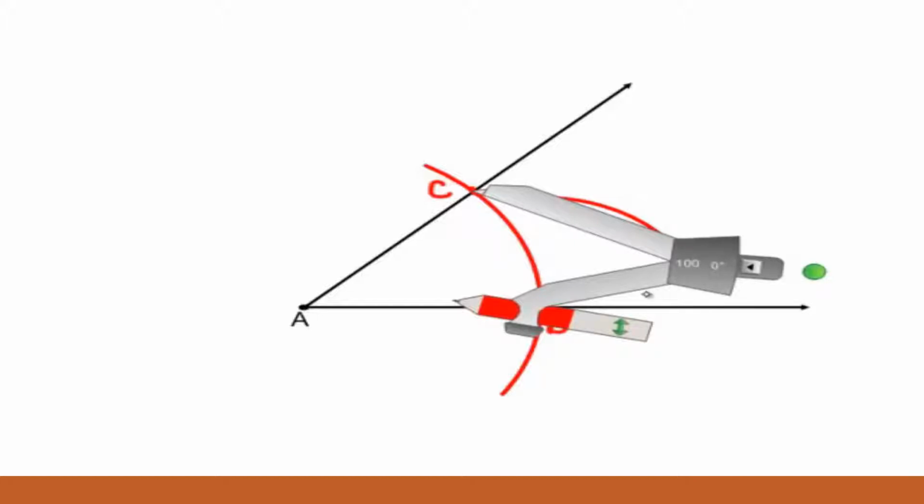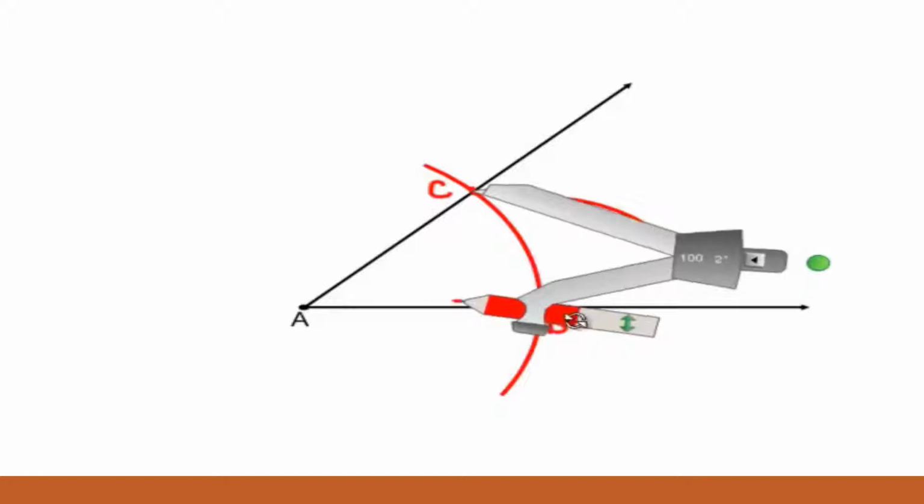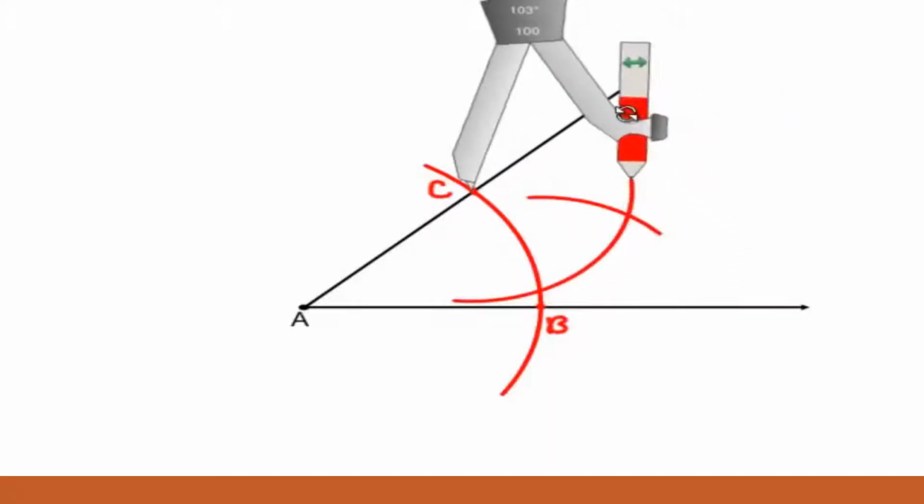Then, using that same radius, put the compass point on C and make another arc, which is congruent to the arc you had just made. The intersection of those two arcs will be a point on the angle bisector.